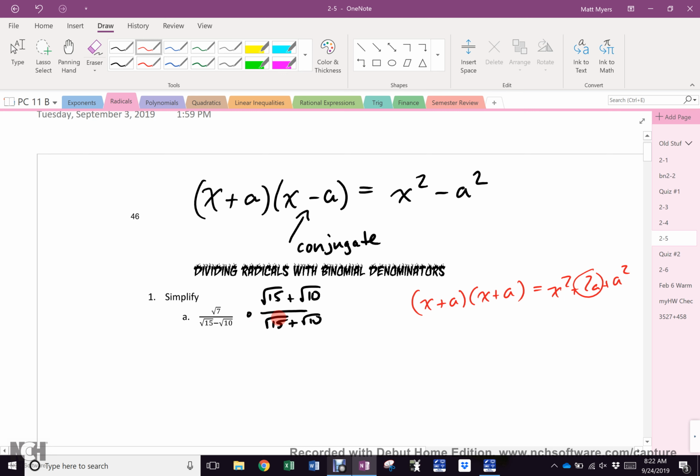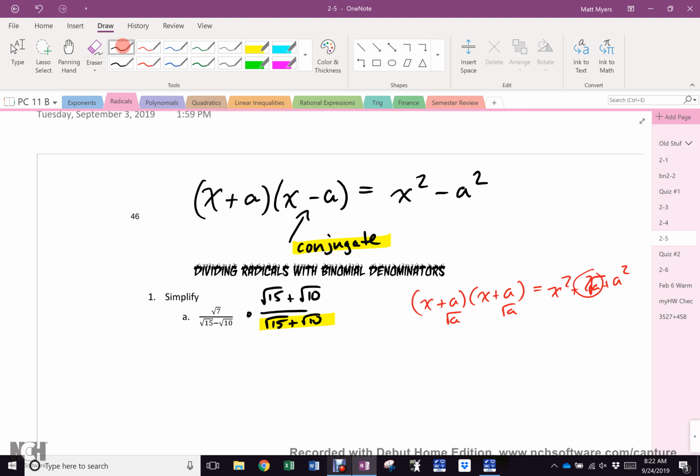You can follow this distribution pattern? If this was a root of a and a root of a, this would be 2 root a, wouldn't it? And we don't want any radicals in the denominator, do we? So we have to remember conjugate.